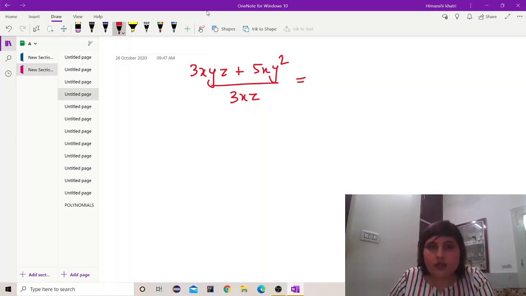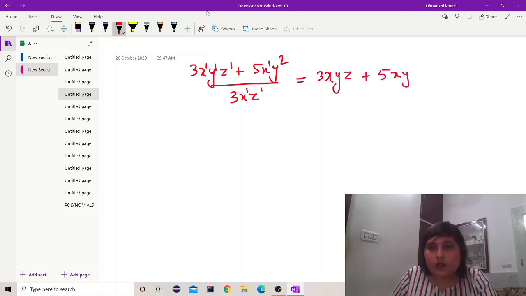Now see here, we have 1 here, we have 1 here, we have 1 here. No power means 1 is given. So we have x to the power 1 here and y squared here, and here also 1 and 1. Now, can we write this as (3xyz + 5xy^2) separated by 3xz?